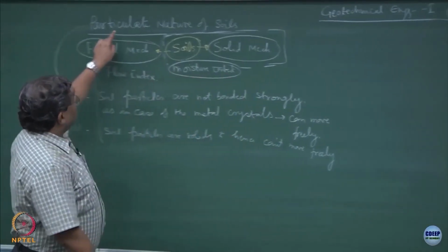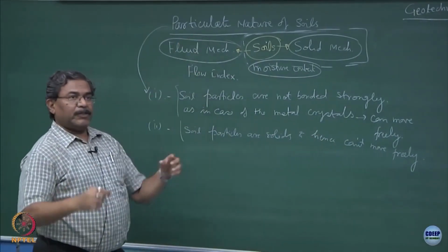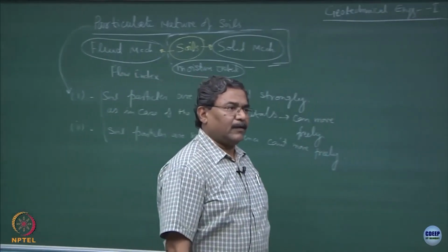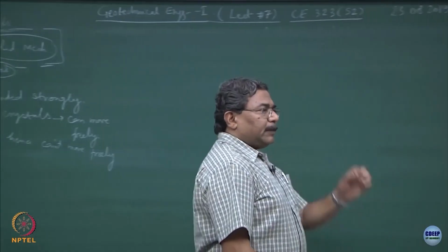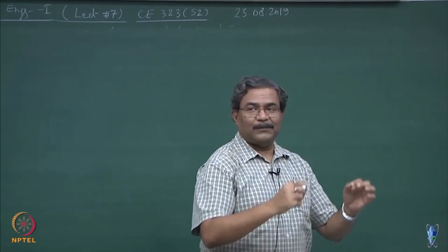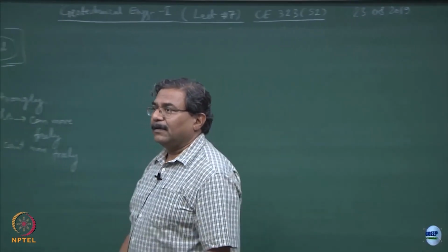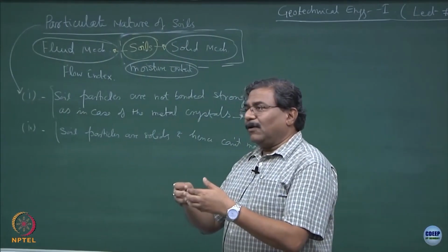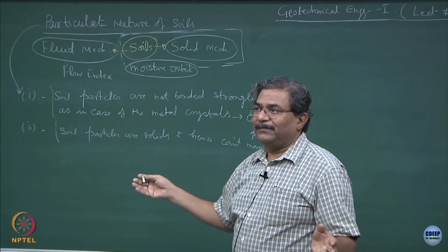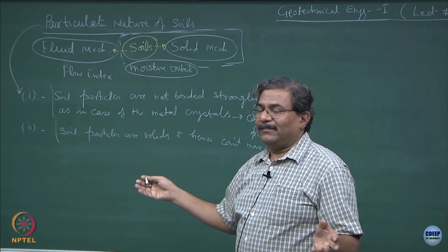So, soils by nature are a consortium of discrete particles. Is this statement correct? Discrete particle means each particle has its own identity. But the beauty is that all these particles put together form a continuum. Is this okay?